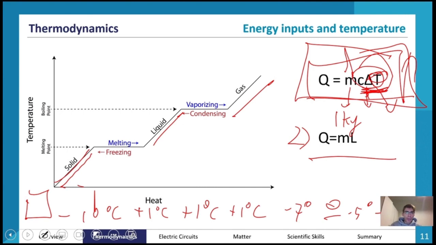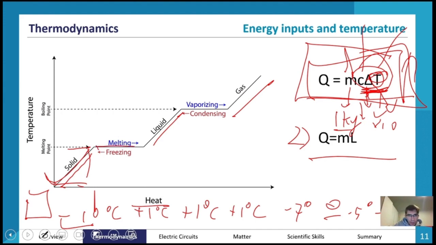We have to input the mass of the ice cube, the specific heat capacity of the ice cube, and the delta T, which is how much the temperature of the ice cube has changed from negative 10 degrees to 0 degrees. So the temperature has changed by 10 degrees. So if we have 1 kilogram times the specific heat capacity of ice multiplied by 10, that's how you find the total amount of energy that the ice cube has absorbed up until this point.